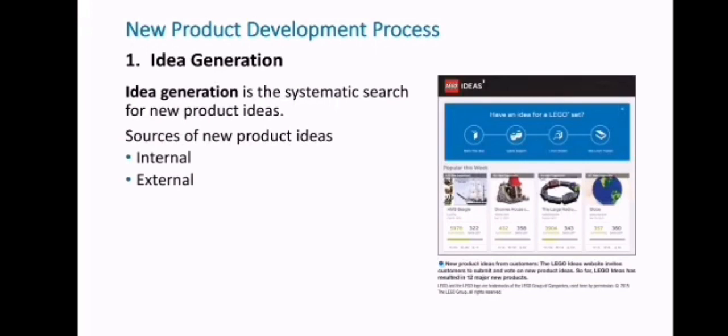Thus, beyond its internal R&D process, a company can pick the brains of its own people. It's either their executives, salespeople, scientists, engineers, and manufacturing staff. Many companies have developed successful internal social networks and entrepreneurial programs that encourage employees to develop new product ideas.